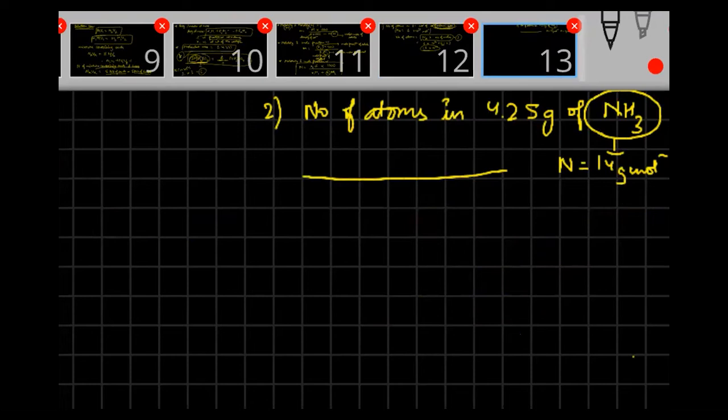Okay, so what have you answered? Okay, so most of you have answered that Na is 3.